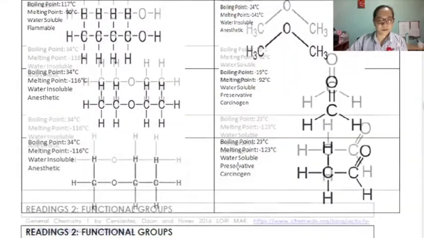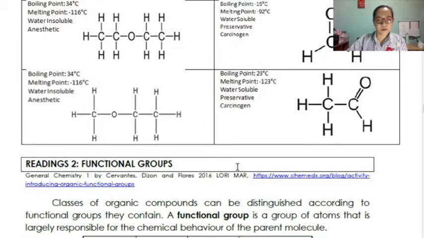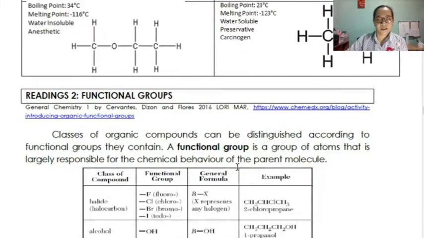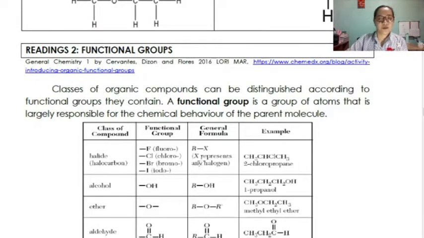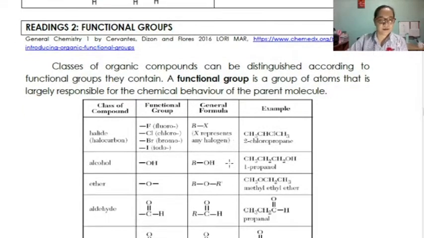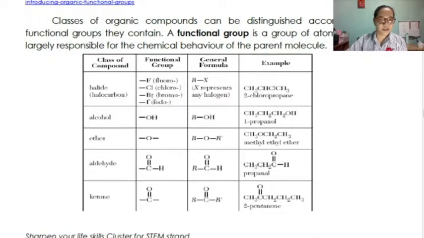And then the readings 2 is about the functional group. In this, you will learn what is the group you have analyzed in exercise 3. So you have these different classes of organic compounds, which is called functional group.